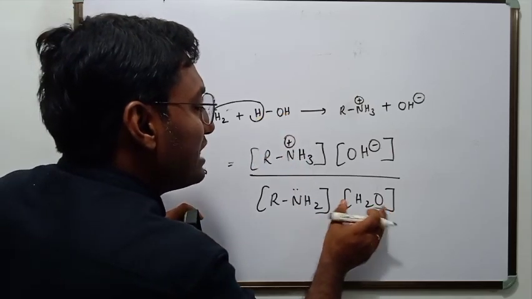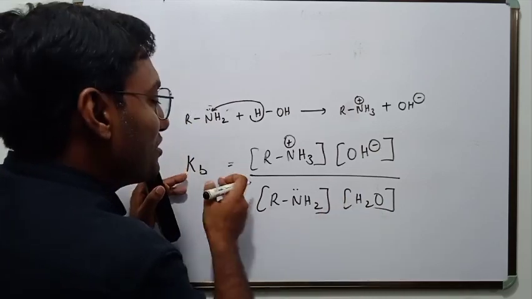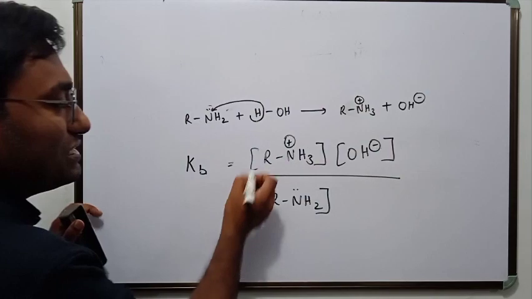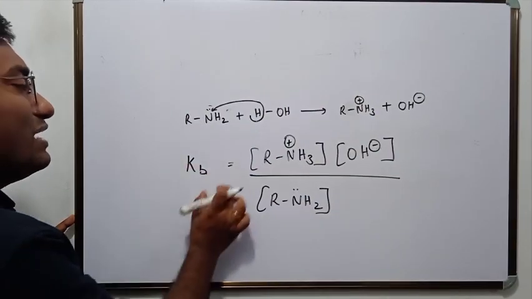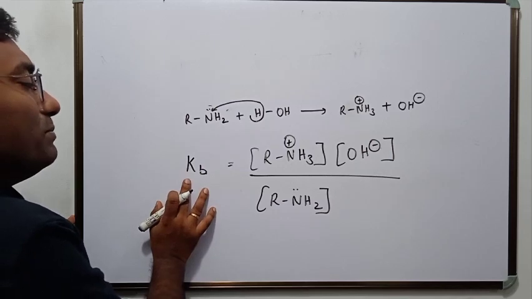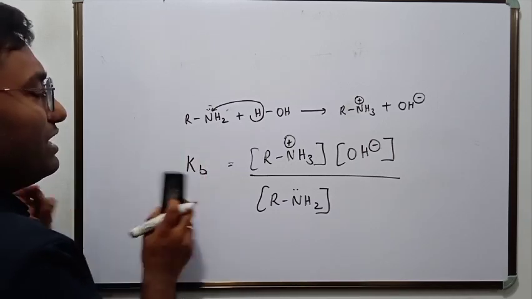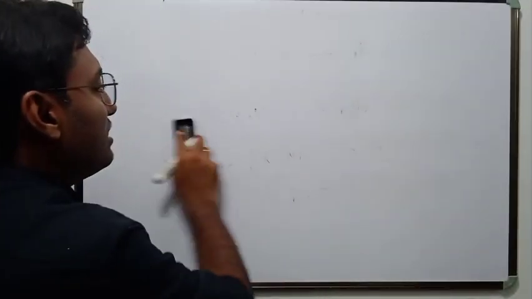So this is effectively a constant value and doesn't have any effect on Kb, so we can rub it. Now the equation becomes like this. In this way we can calculate our base dissociation constant for primary, secondary and tertiary amine. So we have calculated it, and I am going to write the result.